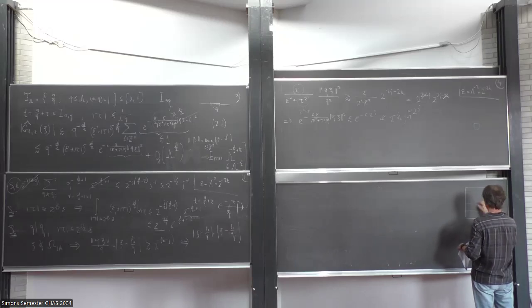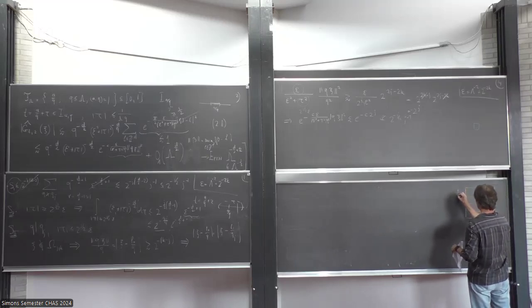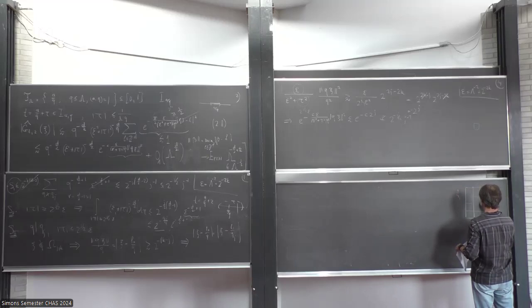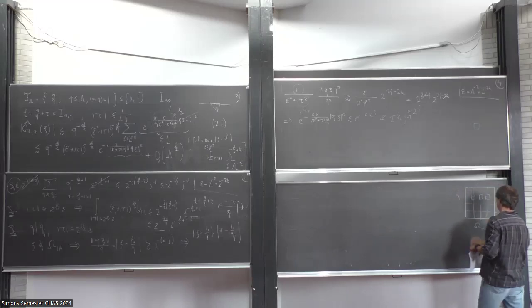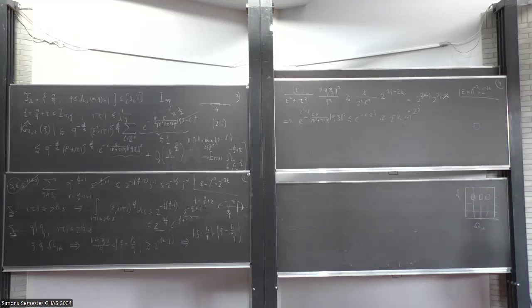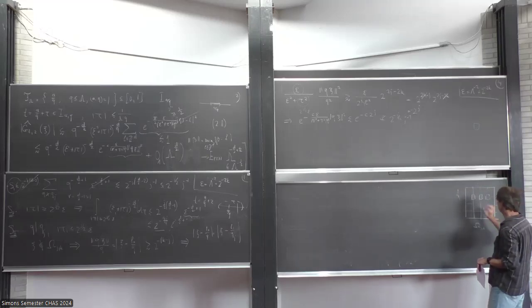So these are basically neighborhoods of a grid of 1 over q_j of a certain very small size.